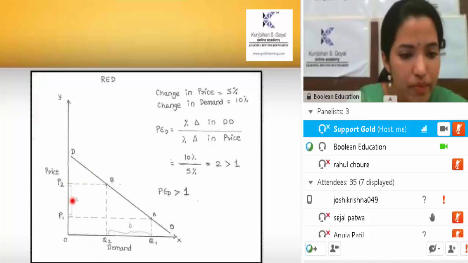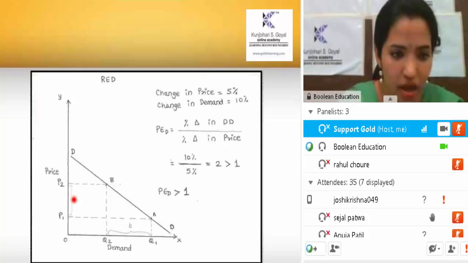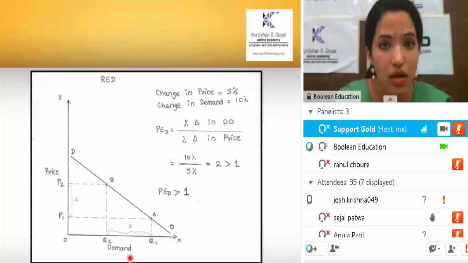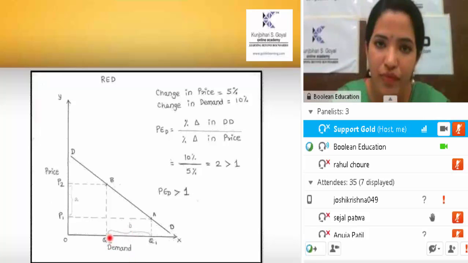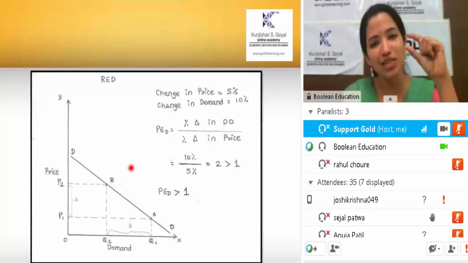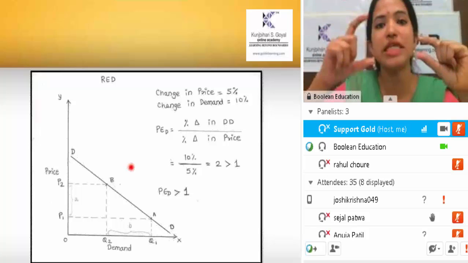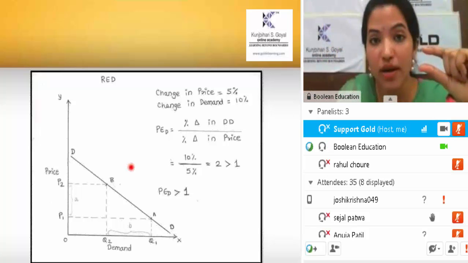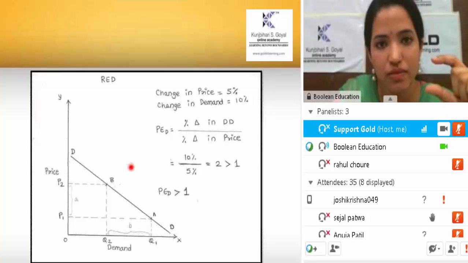Can you see this area A? This distance between P1 and P2 is A. The distance between Q1 and Q2 is B. Here what is happening? Distance B is greater than distance A. Meaning price changed a little, but in response demand changed more. Price increased a little, but how did demand respond? More than the change in price.